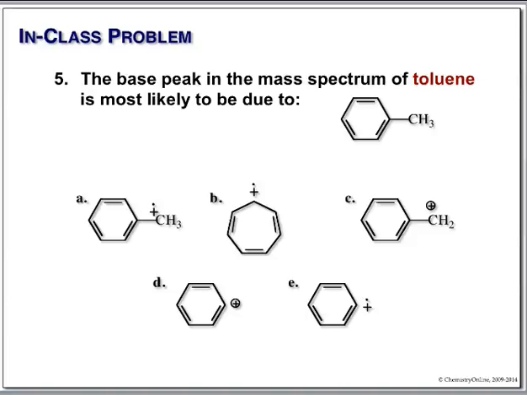Benzyl carbocation is our most stable, no question about that. But remember, benzyl always rearranges very, very quickly to form tropylium. So it goes from A to C to B? Yeah, from A to C to B. This is our base B. Okay.